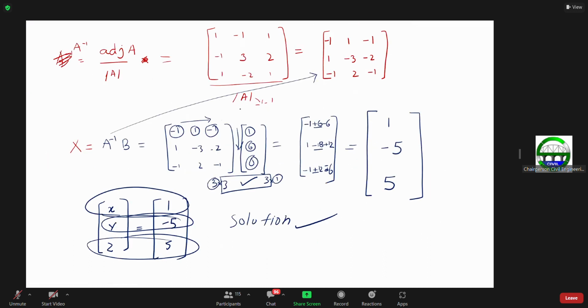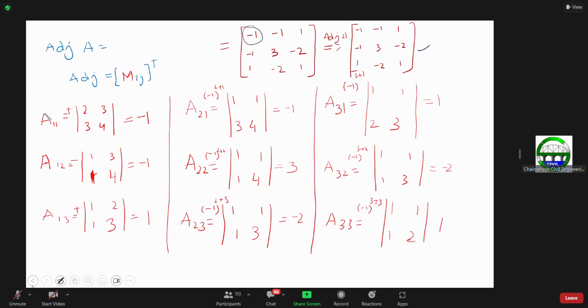In here, okay, it was 1 in here. Sorry, it was minus 1 in here.